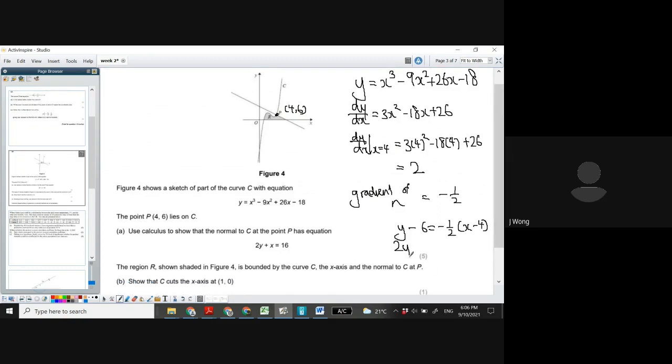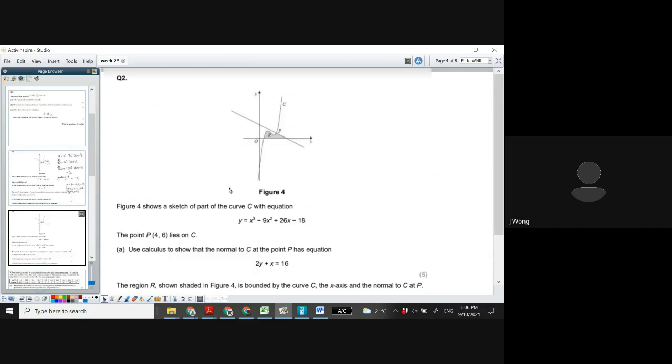So you have 2y minus 12 equals minus x plus 4, open bracket on the right hand side, multiply through by 2 on the left, and make the number as a subject on the right. So just group up the numbers, you will get 16. And indeed 2y plus x on the left. Okay, so in part A, what we have found so far is the equation of the normal. Okay, and let's see how that is helpful moving on.